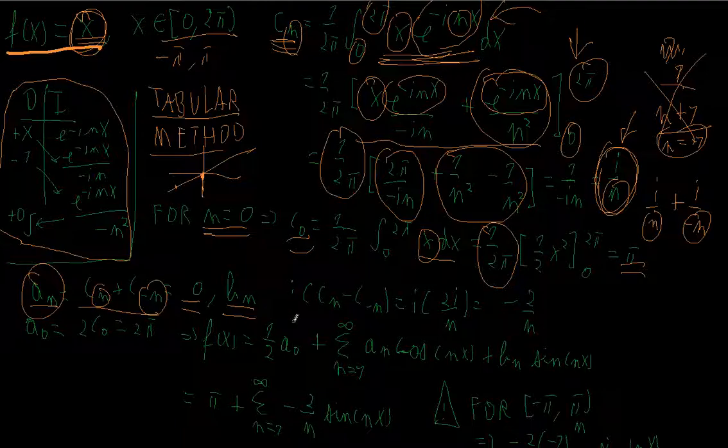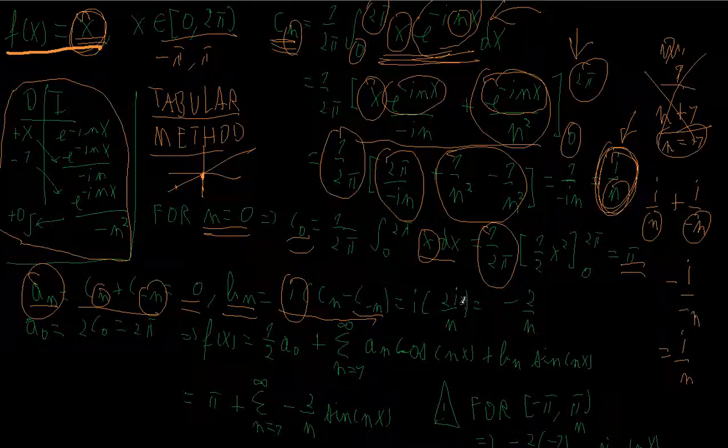To get our b_n, we do i times c_n minus c of negative n. So you have our i, our imaginary number, we have our c_n here as usual, but now we have negative c of negative n. So if we have negative c of negative n, we have simply i over n. We have negative, negative, so positive.